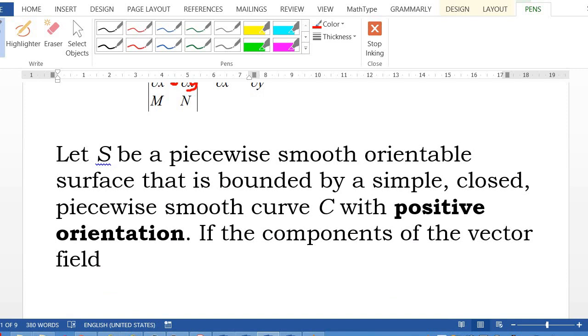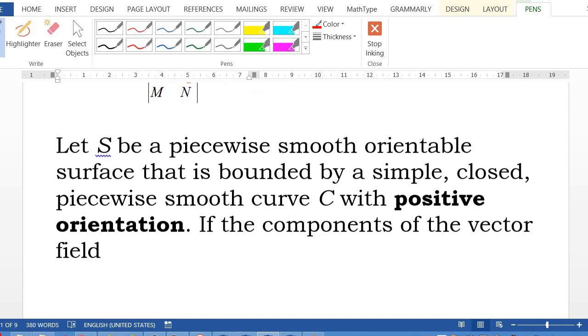Now, what is Stokes' theorem? Let S be a piecewise smooth orientable surface that is bounded by a simple closed piecewise smooth curve C with positive orientation, which is anticlockwise.